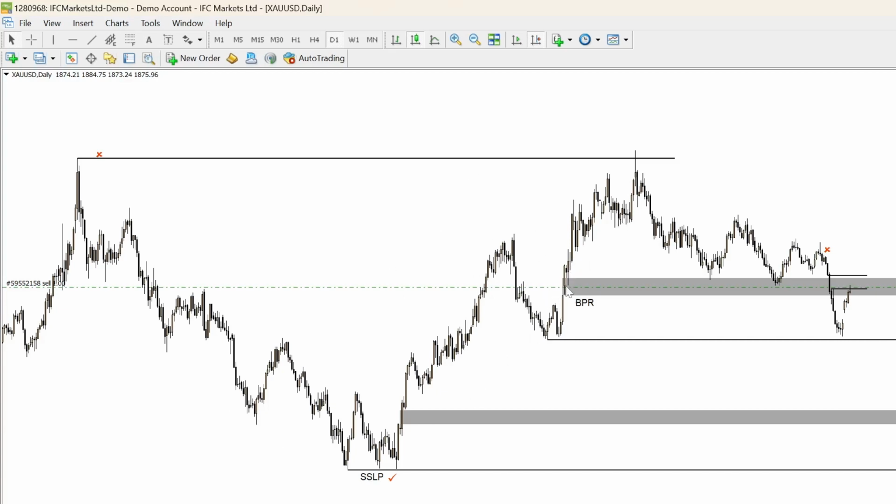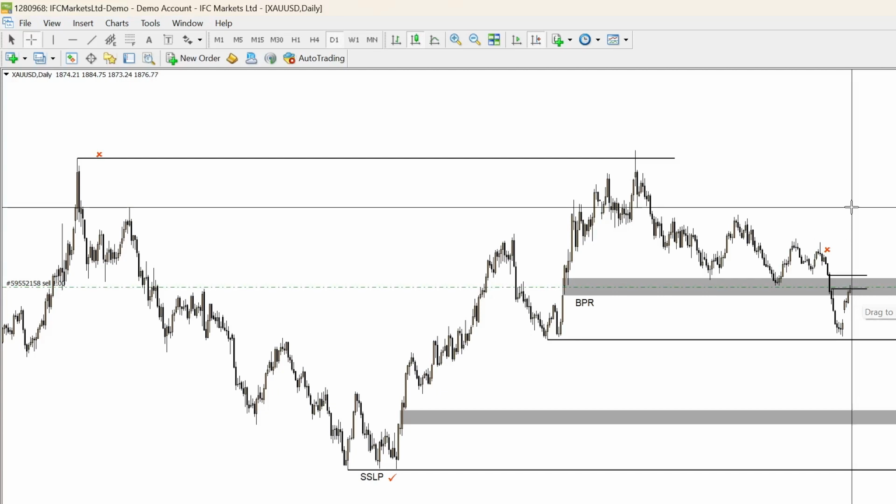I have a balanced price range here, the fair value gap that we just traded up into. That's the visual representation. The price aspect: I went short at 1,880. That's an institutional level.